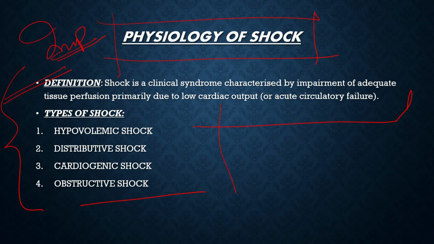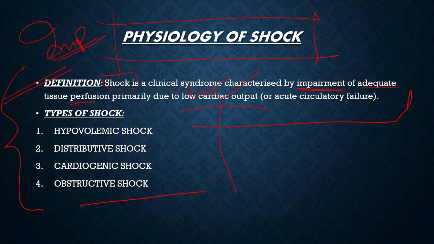So what is shock? It is a clinical syndrome characterized by impairment of adequate tissue perfusion, primarily due to low cardiac output. Definitely you all know the meaning of shock, but in physiology terms, it is a clinical syndrome characterized by impairment of adequate tissue perfusion. Means any clinical syndrome due to impairment of tissue perfusion is called shock.